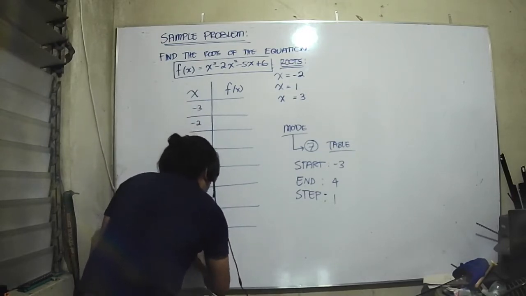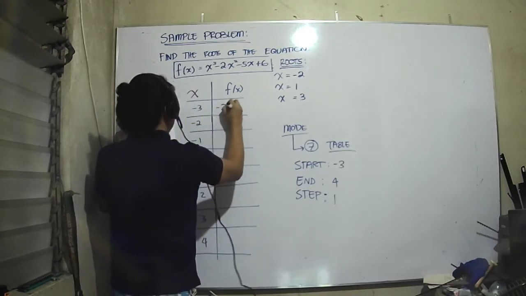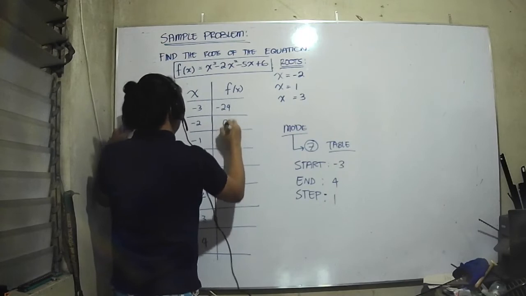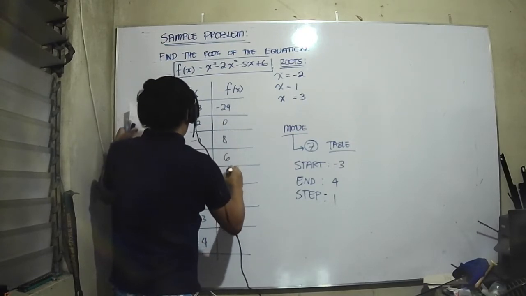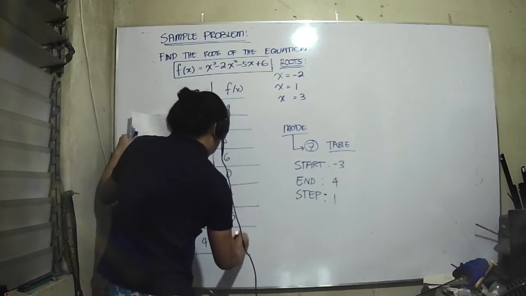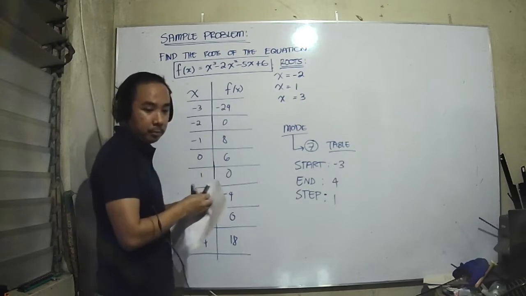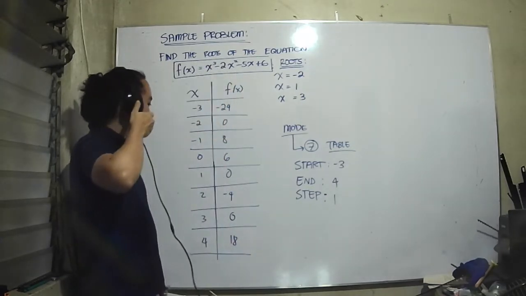The values of f of x will be negative 24, 0, 8, 6, 0, negative 4, 0, and 18, okay? So that is what the table looks like.